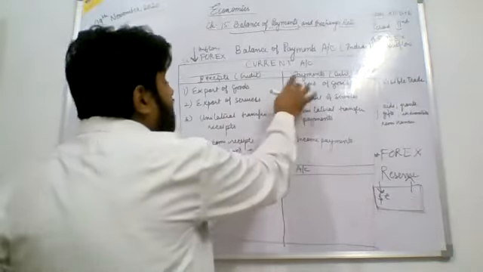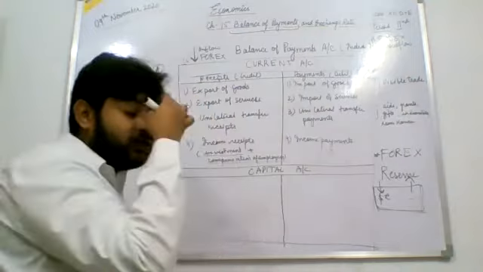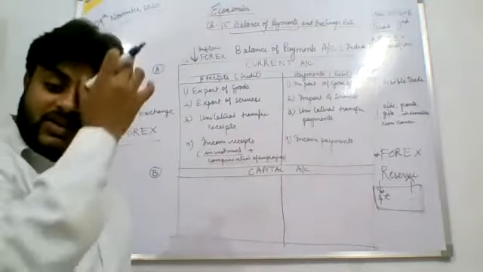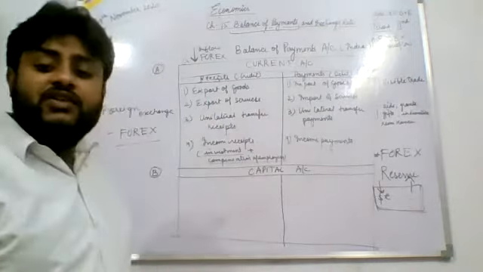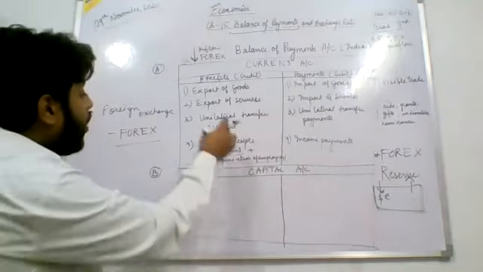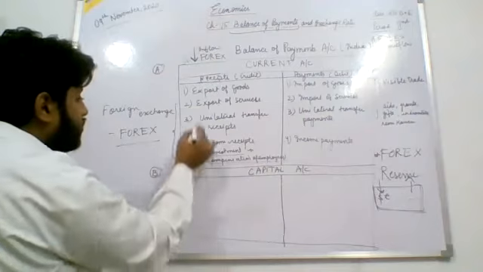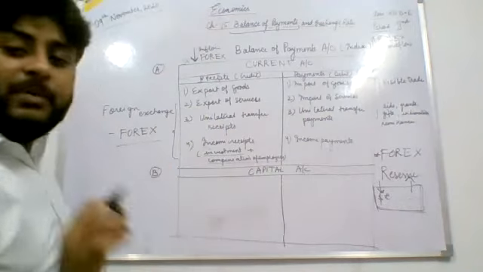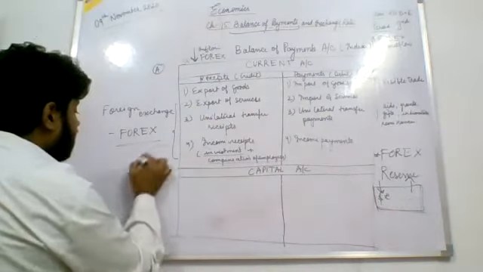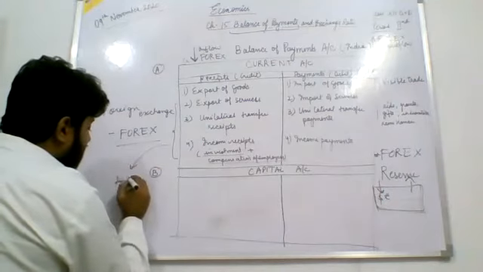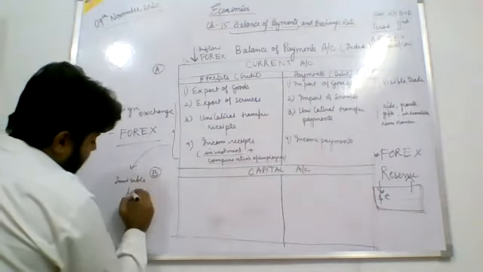Because it includes the import and export of merchandise goods which we can see, which are tangible in nature, and all other components in the balance of payment 2 से लेकर 4 तक सब invisible trade में आता है. Okay, all these things come under invisible trade.